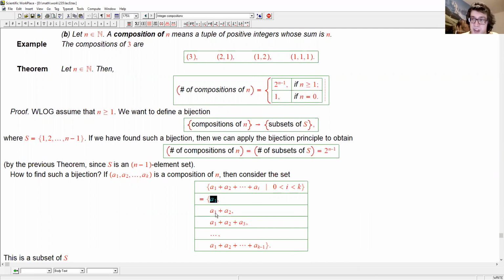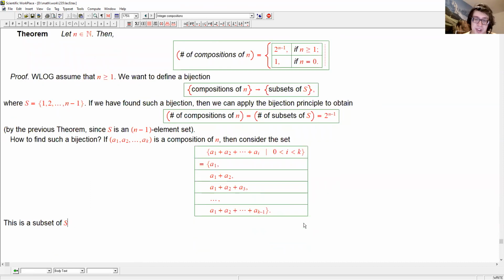Because we're summing at least one element, we will have positive integers everywhere here. But if you sum all elements, you have n, because it's a composition of n. Since you never sum all elements here, you're always missing at least the last element. You must therefore get a sum that's smaller than n, because all these a's are positive. So this is a subset of S.